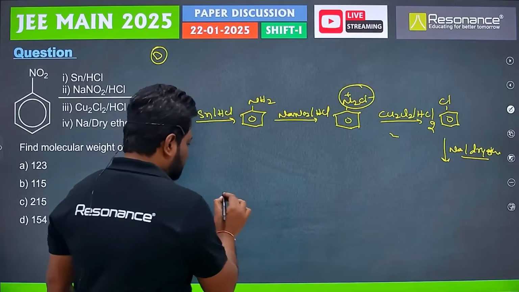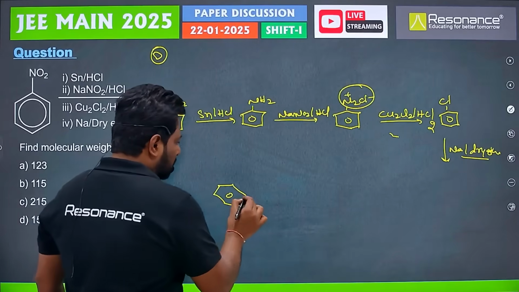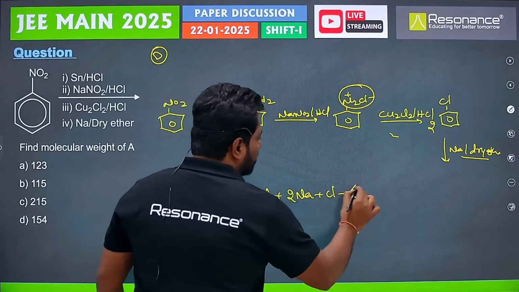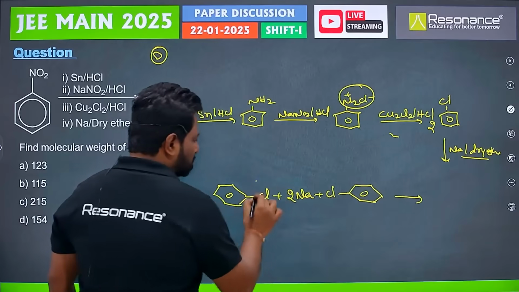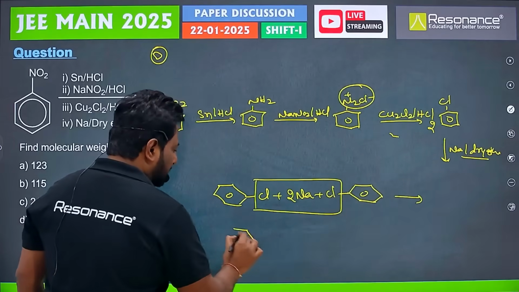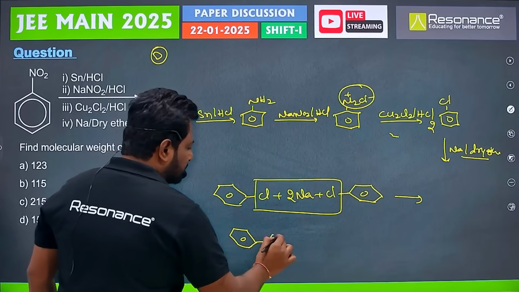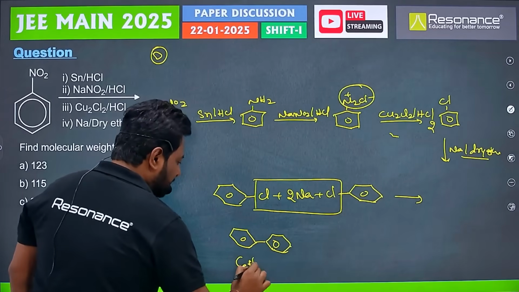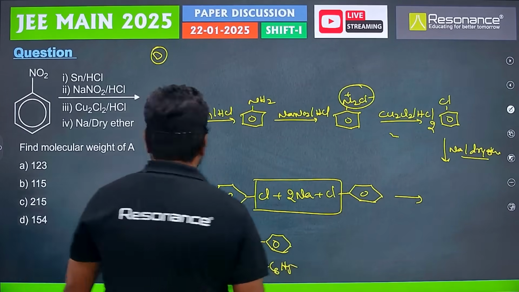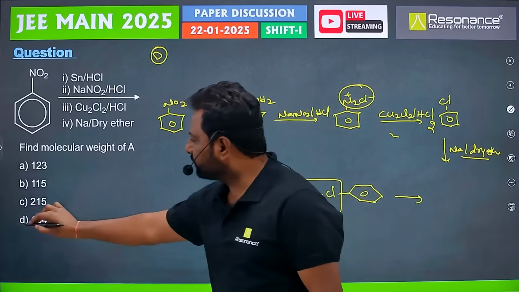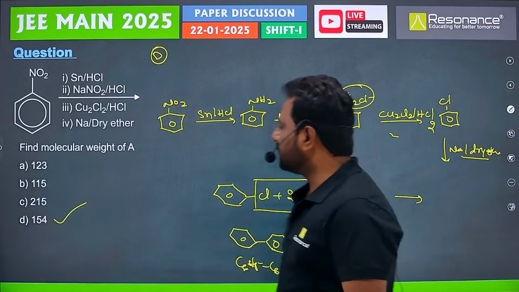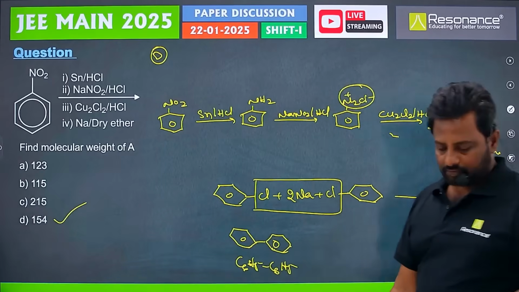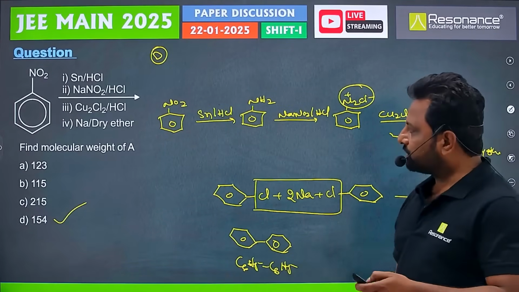In the Fittig reaction, 2 moles of chlorobenzene react with sodium metal, NaCl is removed, and we obtain the biphenyl compound, C12H10. Its molecular mass is 154. D is the correct option.